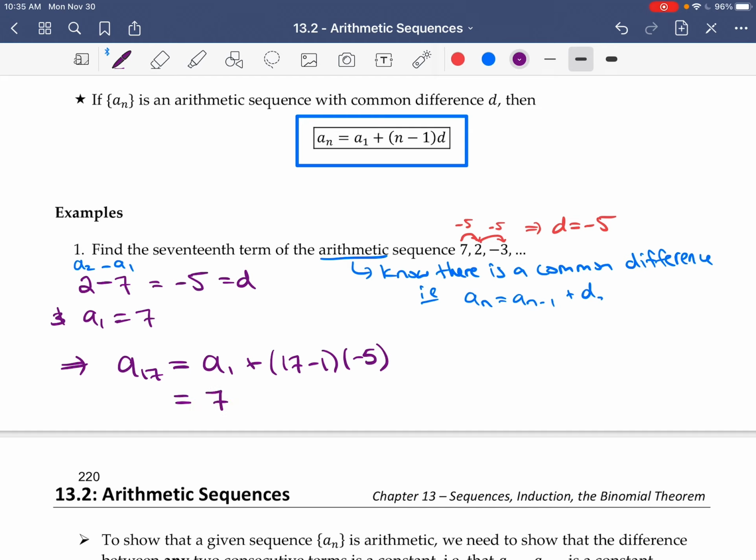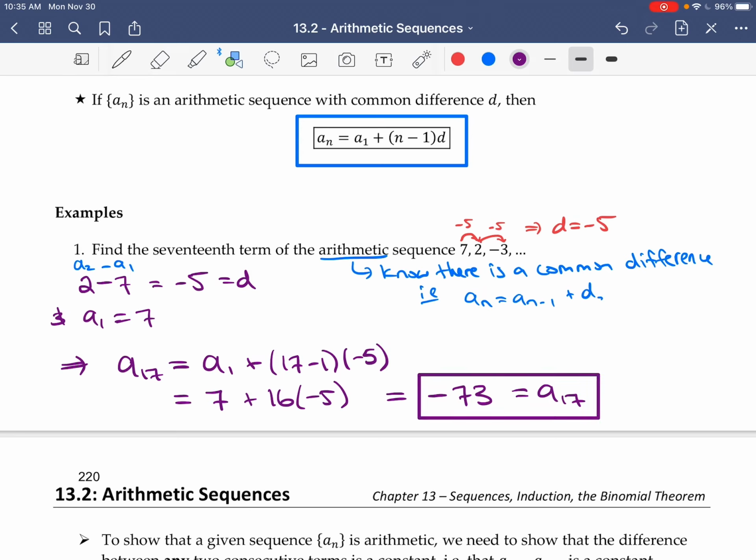Okay, so that's going to be 7 plus 16 times minus 5, which is going to be negative 73. Okay, so that is equal to a17. So if you know it's arithmetic, then it's easy to find the common difference. And then you can use this formula to find any term in the sequence.